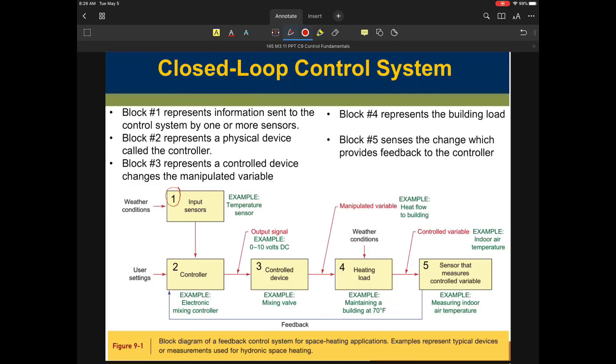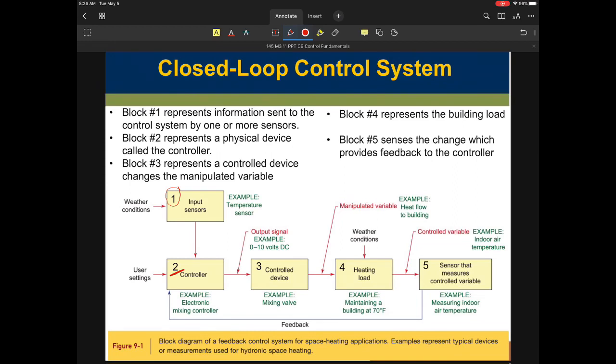Back to number 1, on an open loop system, it likely would be something related to outside air temperature, as an example. So let's take a look at the second one. Number 2 is my controller.